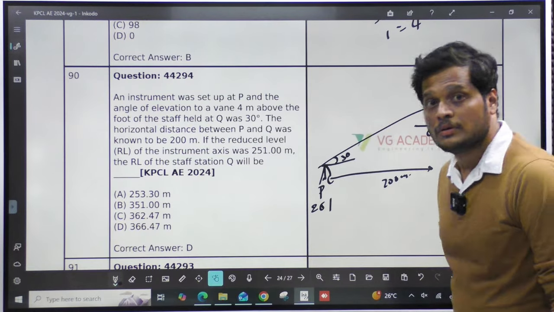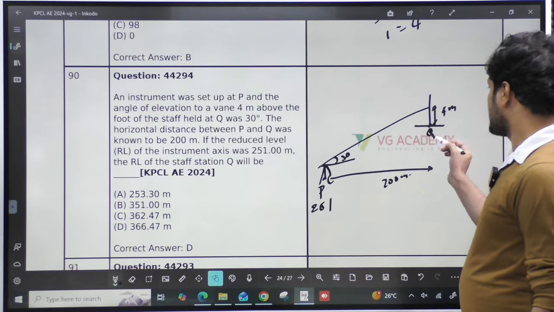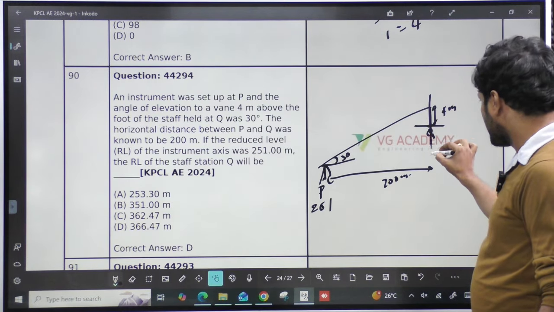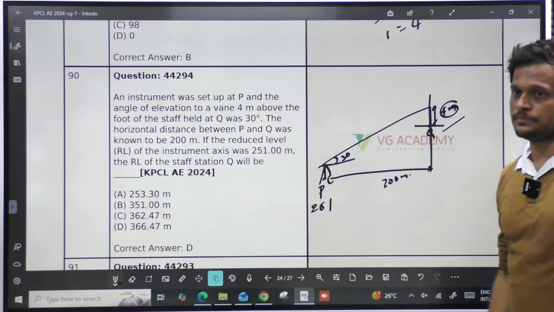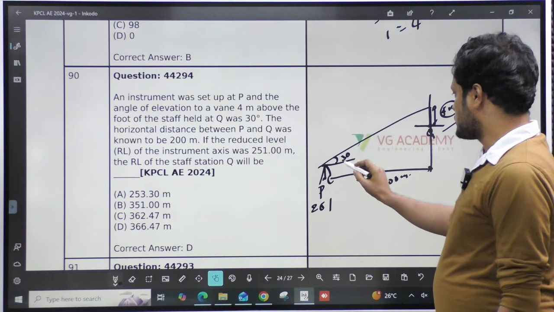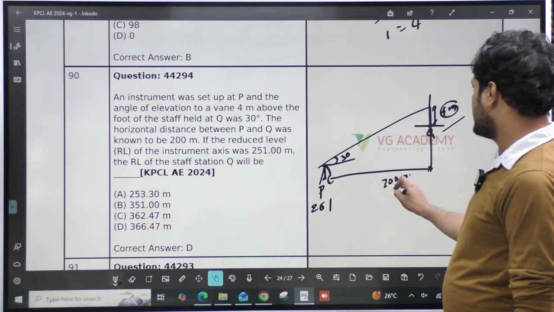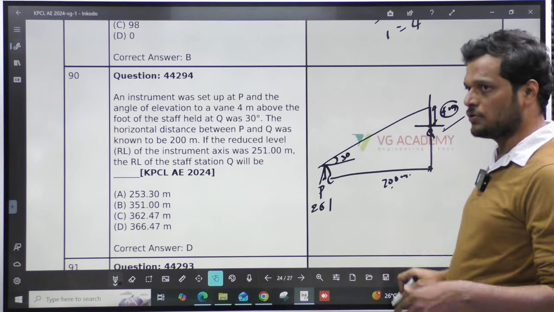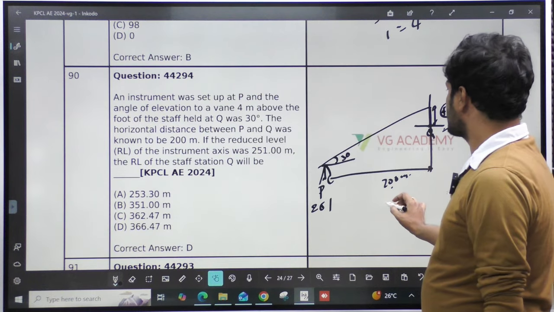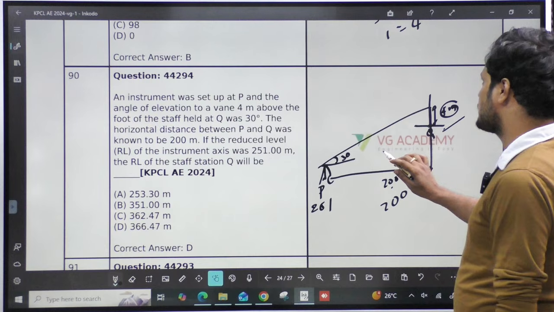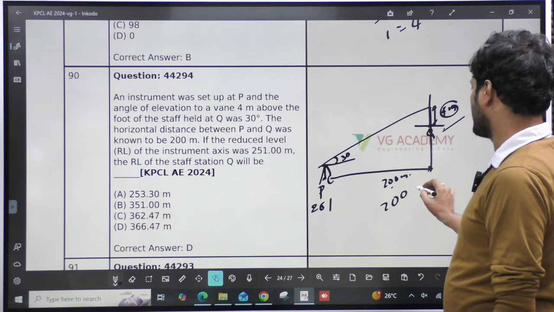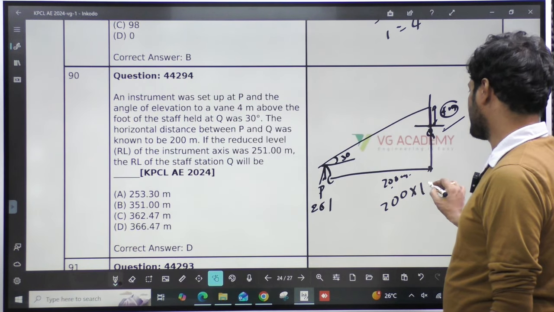Okay. So we have the horizontal distance, we can find the vertical distance and then subtract 4 meters to get the RL. For this angle, this is adjacent and this is opposite, so we will use tan. So tan is equal to opposite by adjacent, so 200 into tan 30.